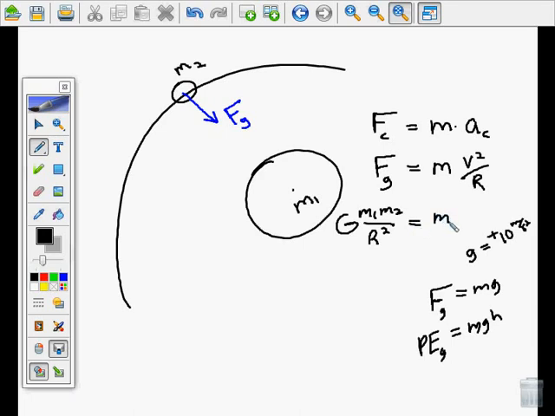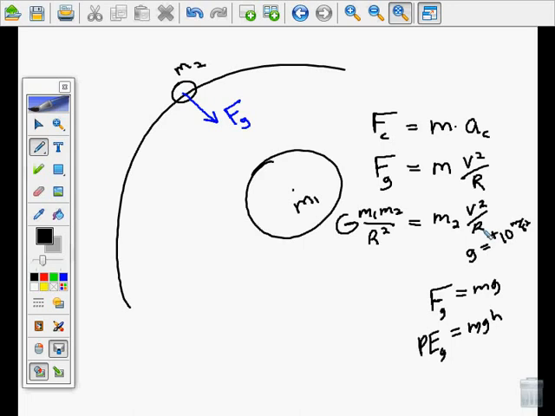Now you've got to be careful. Which m is this? Well, this is m2. This is the satellite or the planet or whatever is out there going in the circle. So what's providing the centripetal force? The force due to gravity. What's the force due to gravity equal to? Big G m1 m2 over r squared.